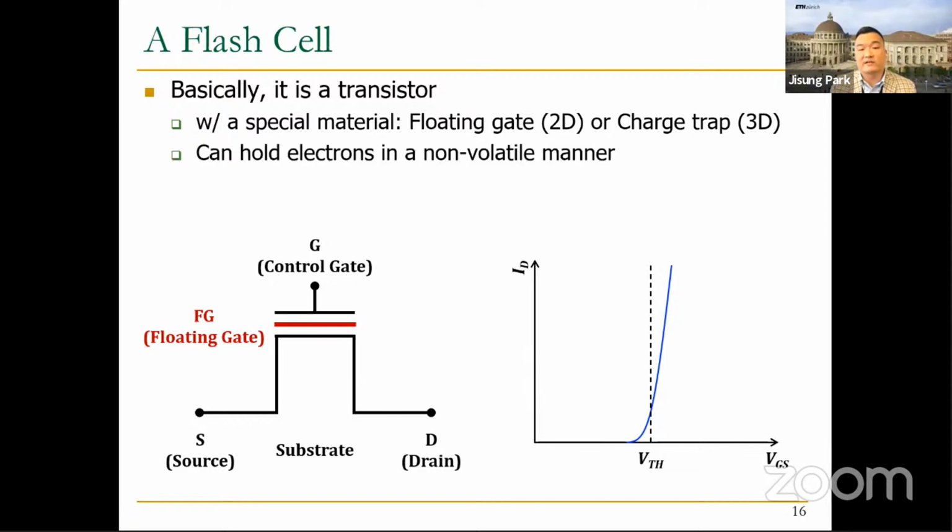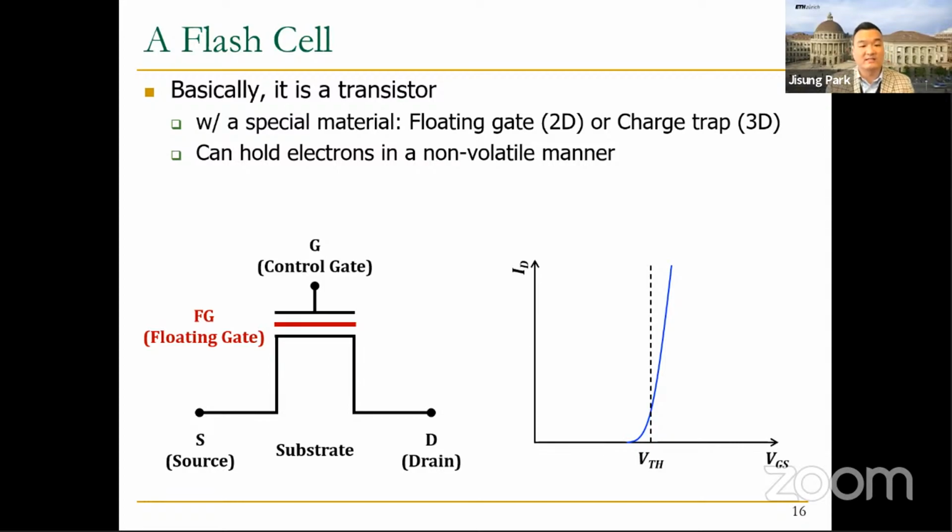So the special material, the floating gate in 2D NAND flash memory, can hold electrons or charge in a non-volatile manner. In other words, the cell can retain the electrons inside the floating gate even when there is no external power supply.